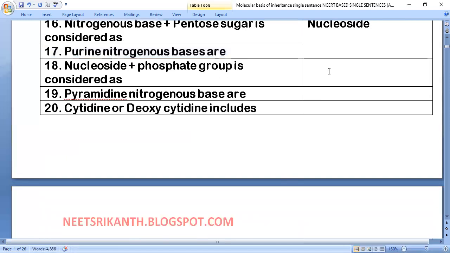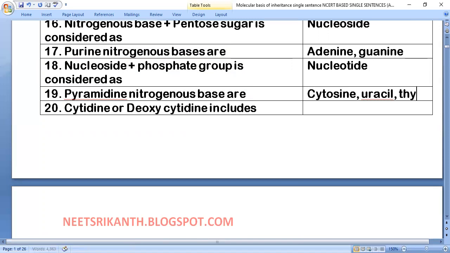Purine nitrogenous bases are adenine and guanine. Nucleoside plus phosphate group is considered as nucleotide. Pyrimidine nitrogenous bases are cytosine, uracil, and thymine.